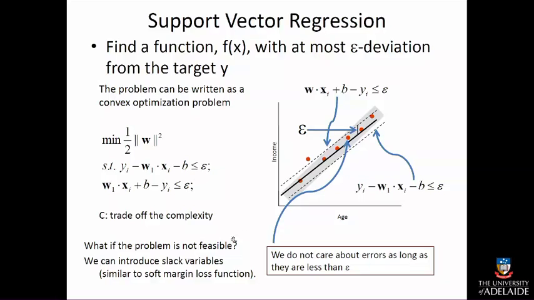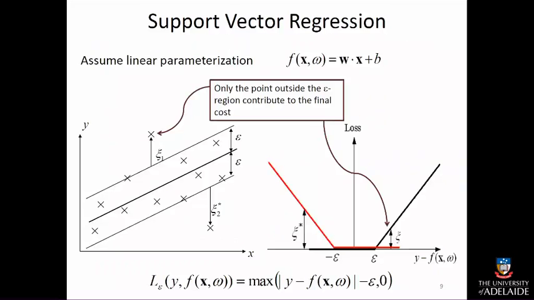We introduce a slack variable. Again, this is almost the same as the support vector classification. The slack variable, xi, measures the distance from the data point to the margin.